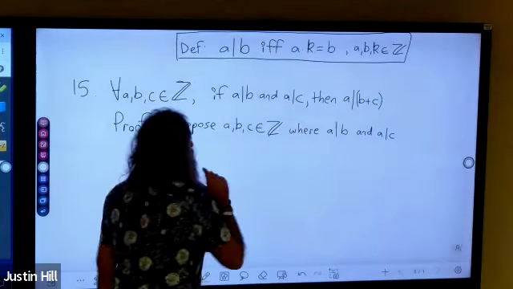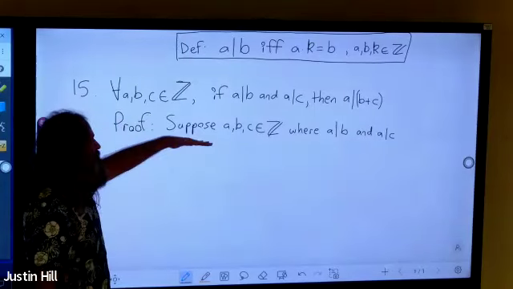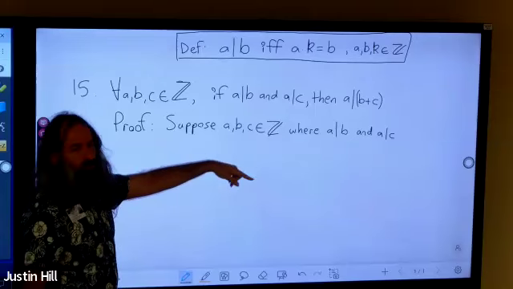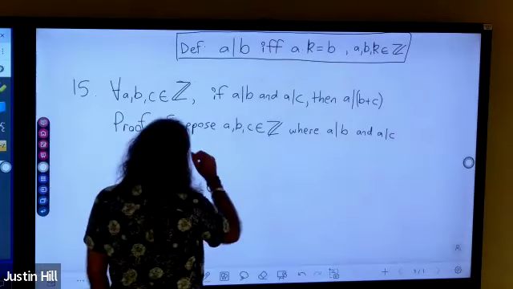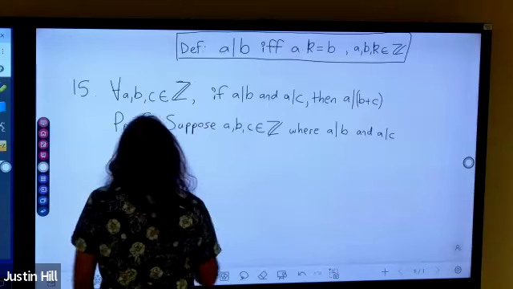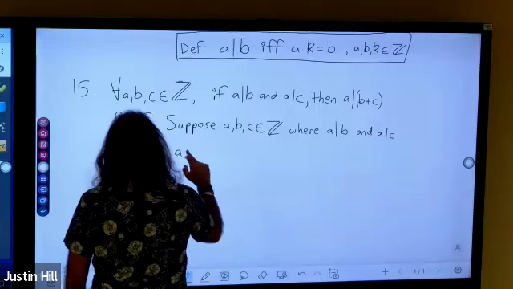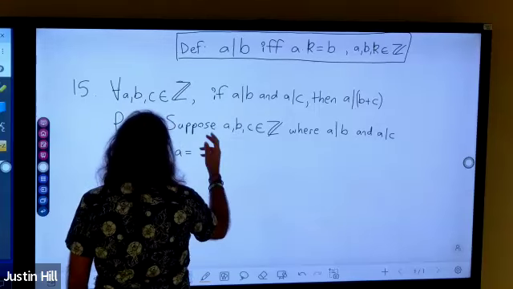So suppose a divides b and a divides c. So this is my if part. Now I'm going to use that definition to flesh out a divides b and a divides c. I'll use two different letters.